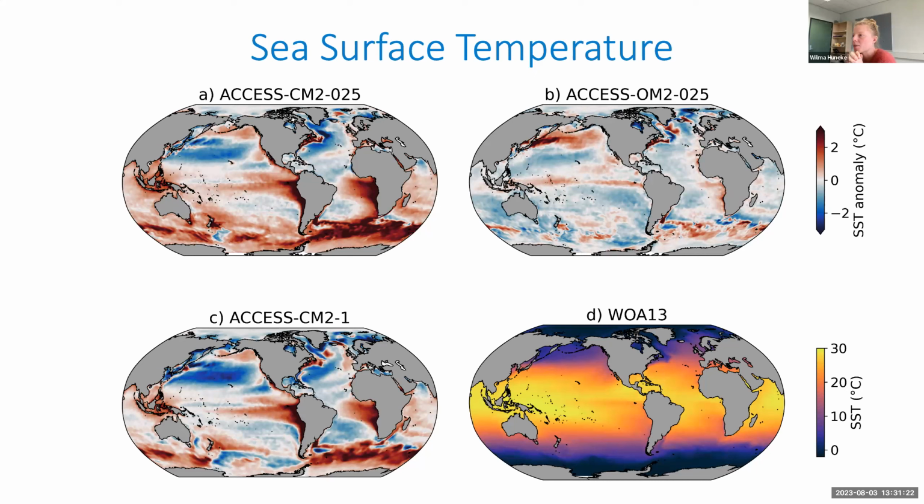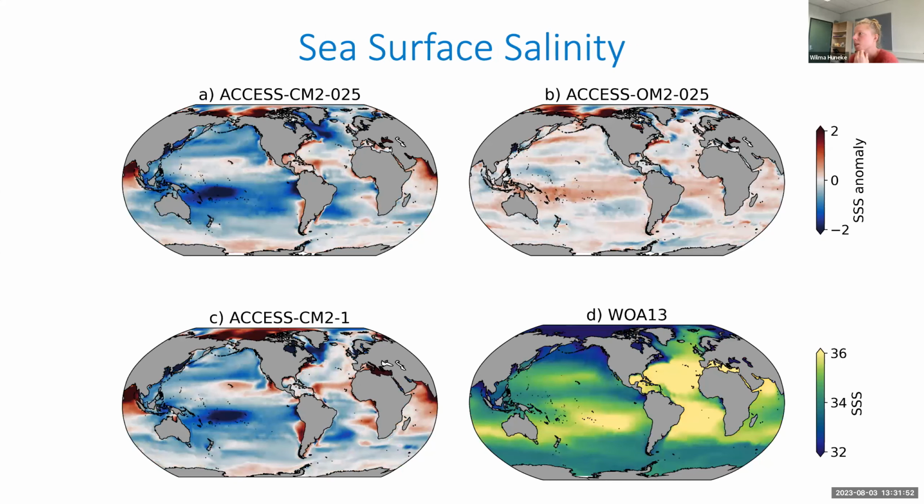So the bias we have in the 1-degree coupled model is pretty much the same, the pattern at least, in the 1/4-degree model. For sea surface temperature, it's actually larger in the 1/4-degree, and especially here in the Southern Ocean, like in the Pacific sector, it's even warmer. So increasing ocean resolution doesn't fix these biases.